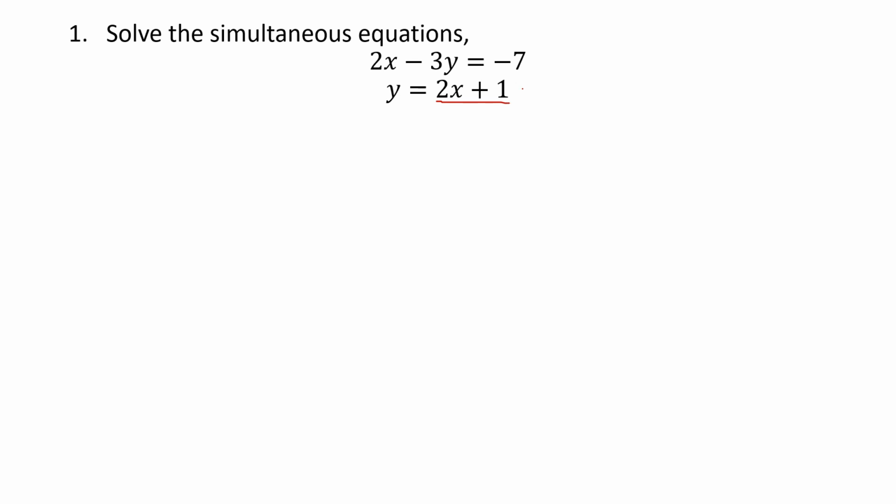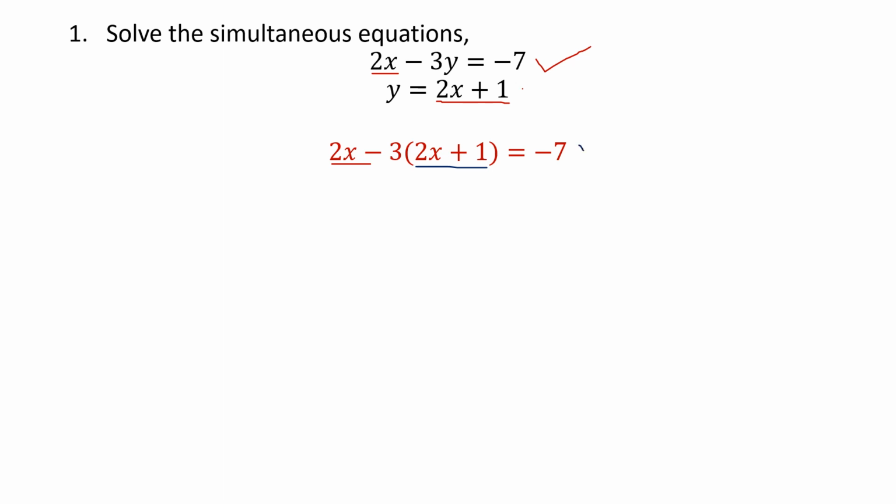So I am going to rewrite equation 1, but without y. I will rewrite this equation 1 in terms of x only, like this. 2x as it is here, then minus 3y. Instead of writing y, we are now substituting 2x plus 1 for y, since y is exactly the same as 2x plus 1.